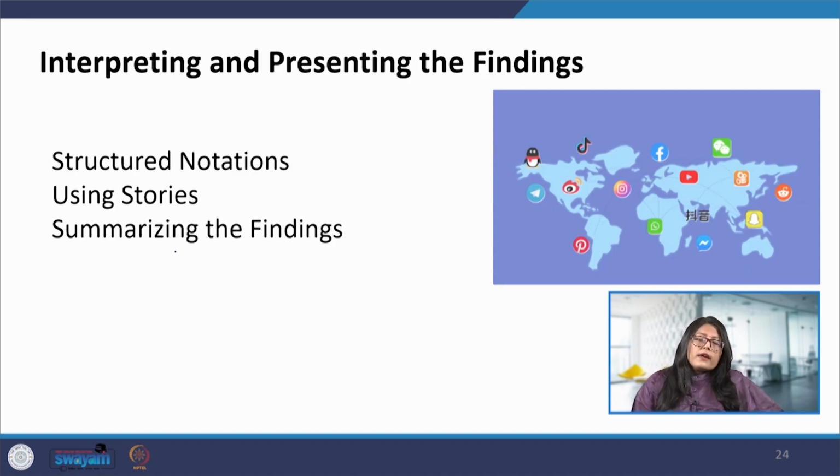So, choosing an appropriate way to present the findings of a study that we have conducted is as important as choosing the right analytical approach. This choice will depend on the data gathering and the analysis technique that we have used, and at the same time also the audience and the original goals of the study.